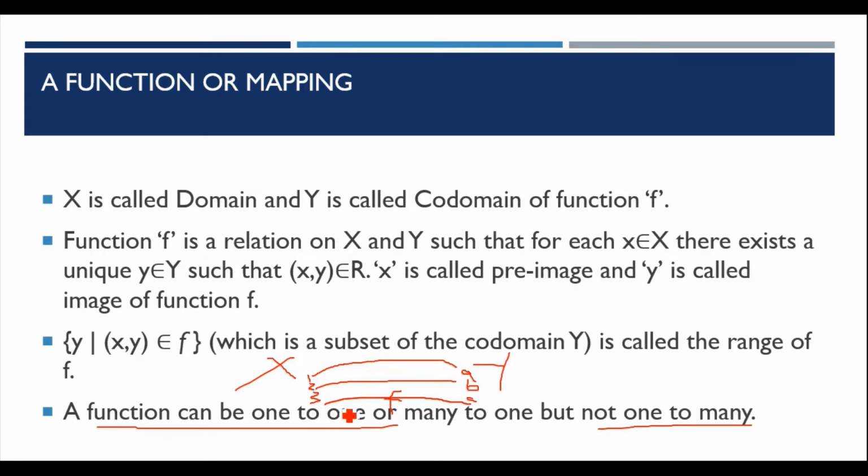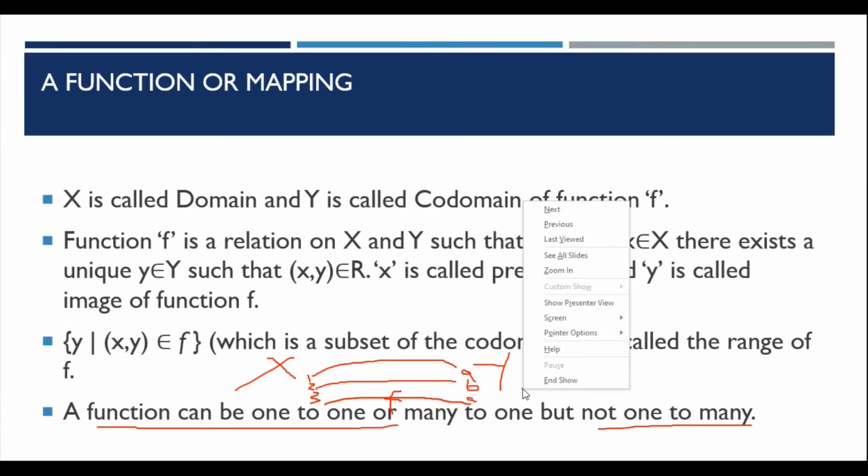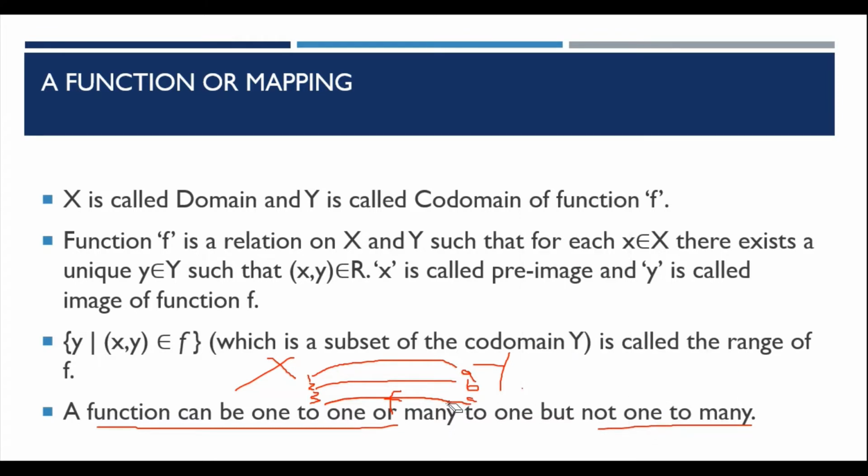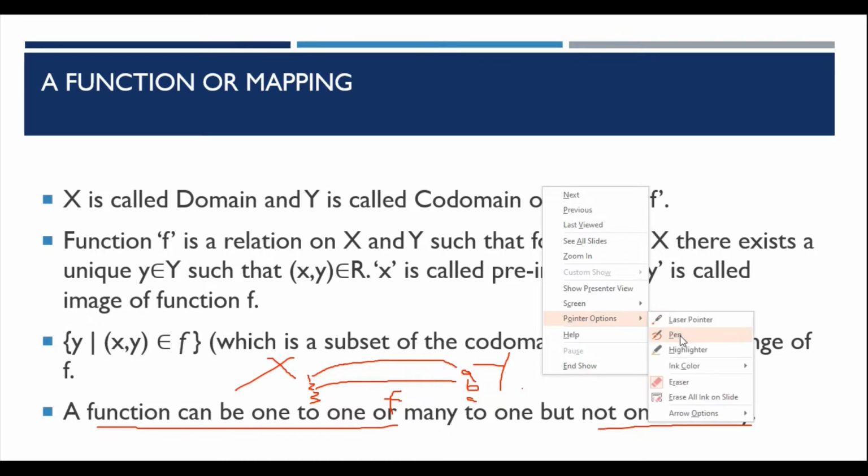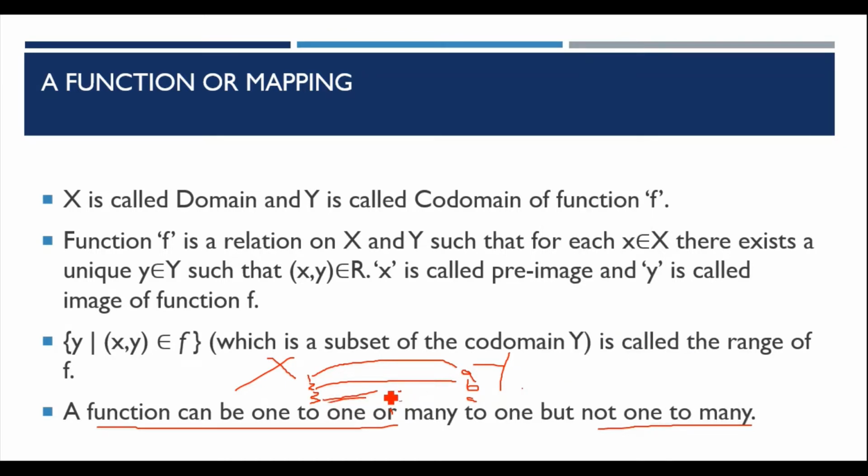Now, a many-to-one function could be, instead of having 3 map to C, we change it so that we have 1A and we also have 3A.